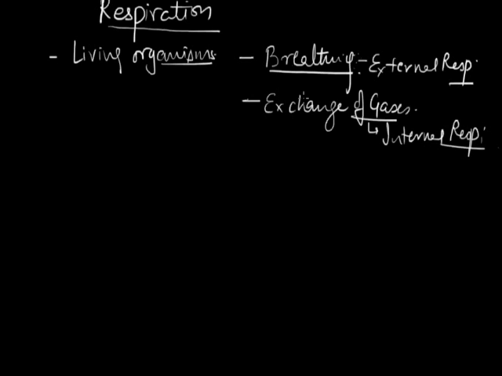These are the two different processes which make the organism comfortable. Let us first see why it is needed. The process of respiration is needed, rather it is a vital process for all living organisms because it gives us energy.